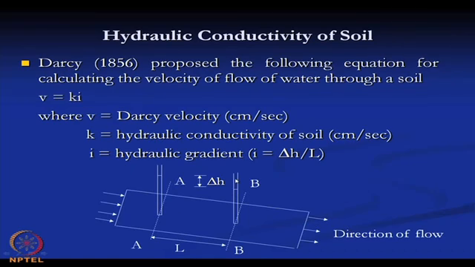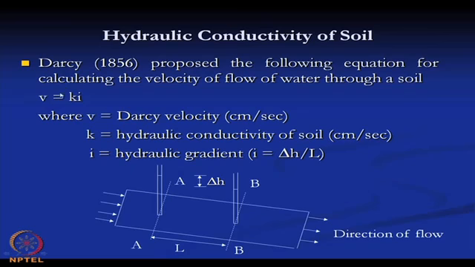So, if this height difference is del H and the length between these two points A and B is L, then the hydraulic gradient I can be defined as del H divided by L. So, from this expression we can calculate the velocity of flow in a soil as the hydraulic conductivity times the hydraulic gradient.